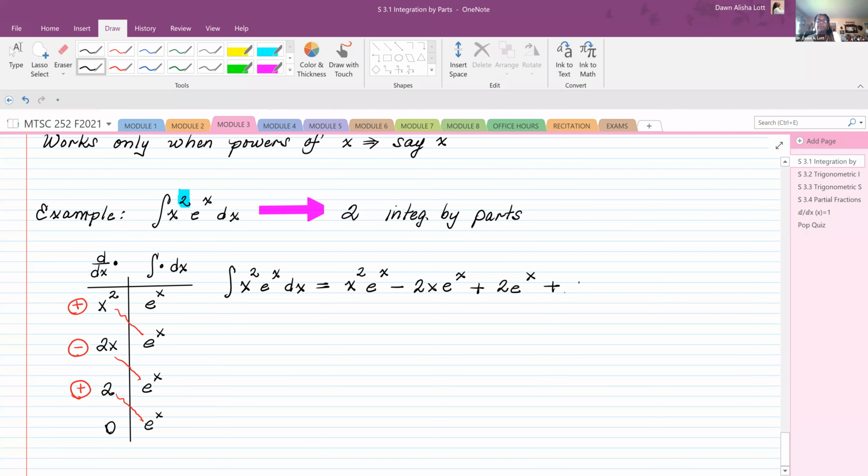The integral of u dv equals uv minus the integral of v du. So I know this. We just found this.